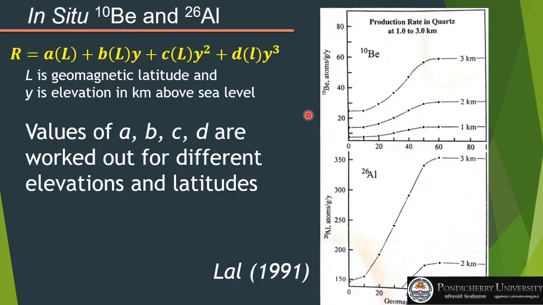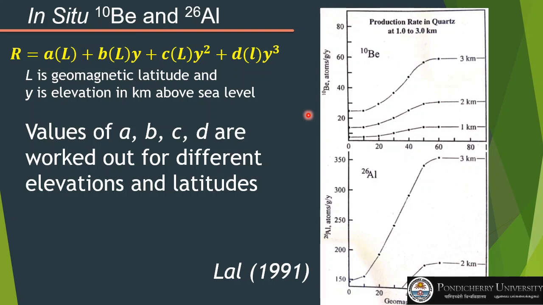So the target nuclei for both beryllium and aluminum are present there abundantly, and you do not have many other elements which could complicate the production, if other potential target nuclides were there for these two cosmogenic nuclides.